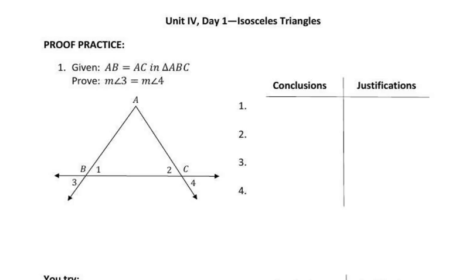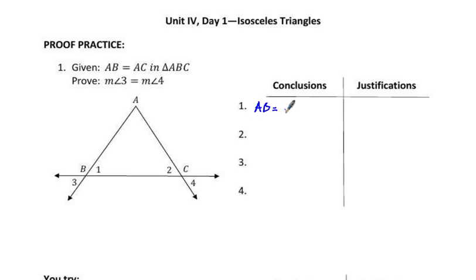We'll take a look at how some of these theorems are used in a proof. So this example here, given the measure of segment AB equals the measure of segment AC in triangle ABC. So we write that in our conclusions.